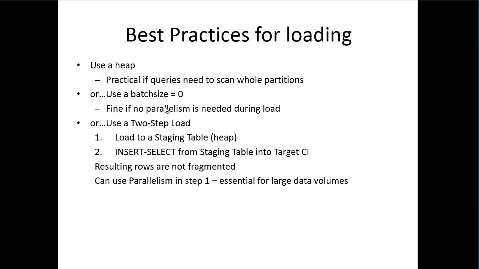What you can do is batch load in parallel into a stage table, and then from that stage table load into your final destination fact table serially in order to reduce fragmentation. And that's kind of what is being described here. Using an insert select from your staging table into a clustered index can also help reduce fragmentation.